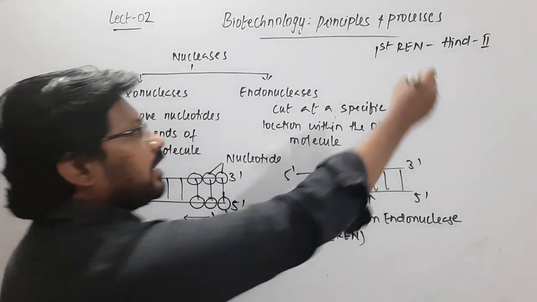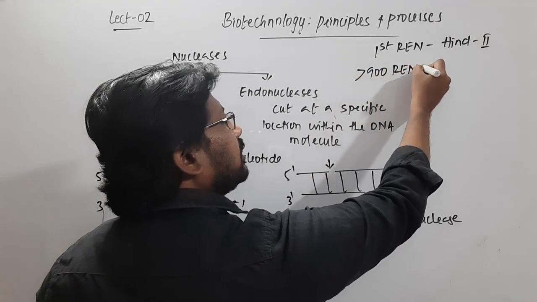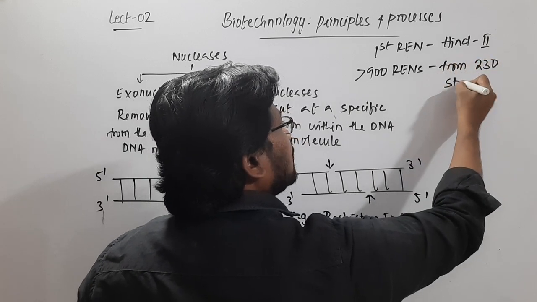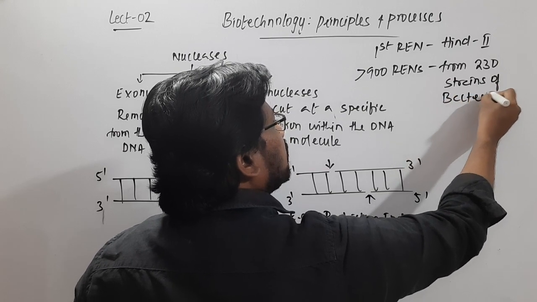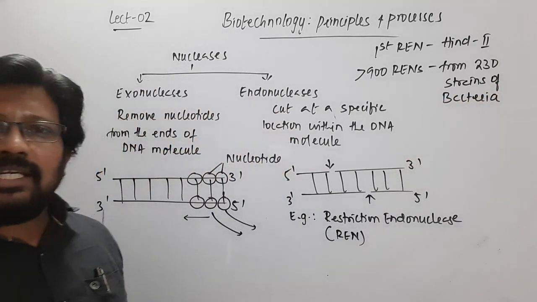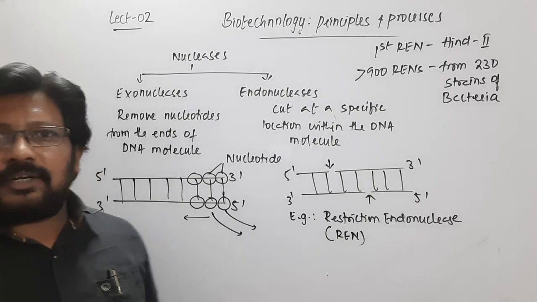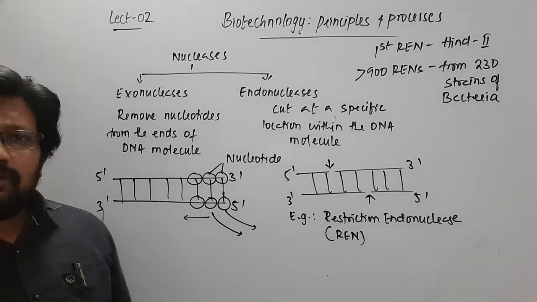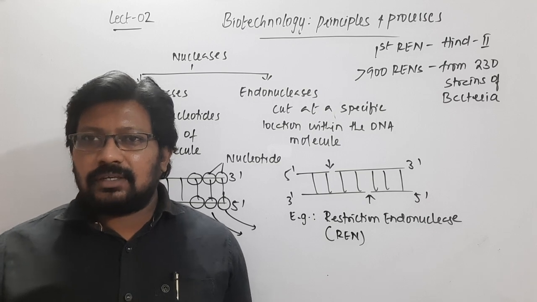After that we have discovered more than 900 restriction endonucleases from 230 strains of bacteria. From these varieties of bacteria we have isolated more than 900 restriction endonucleases, and each one that we have isolated, we have given a specific name.